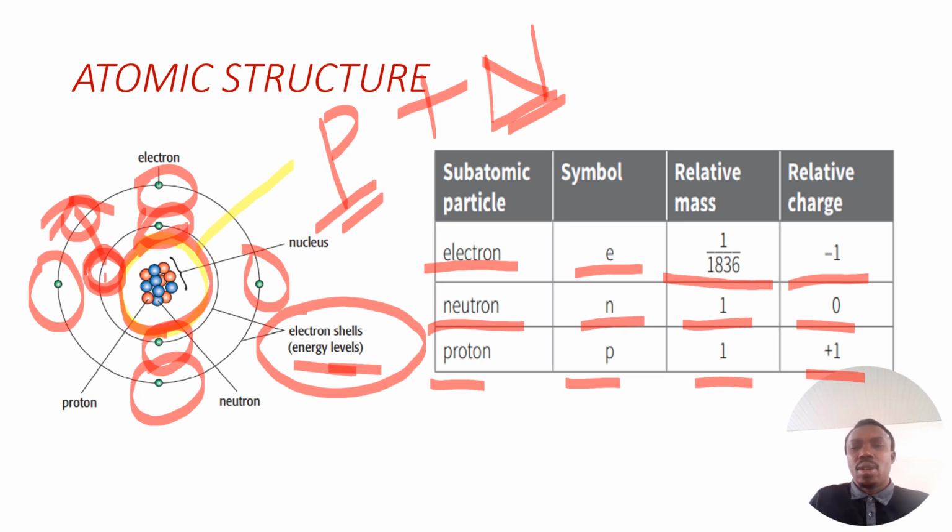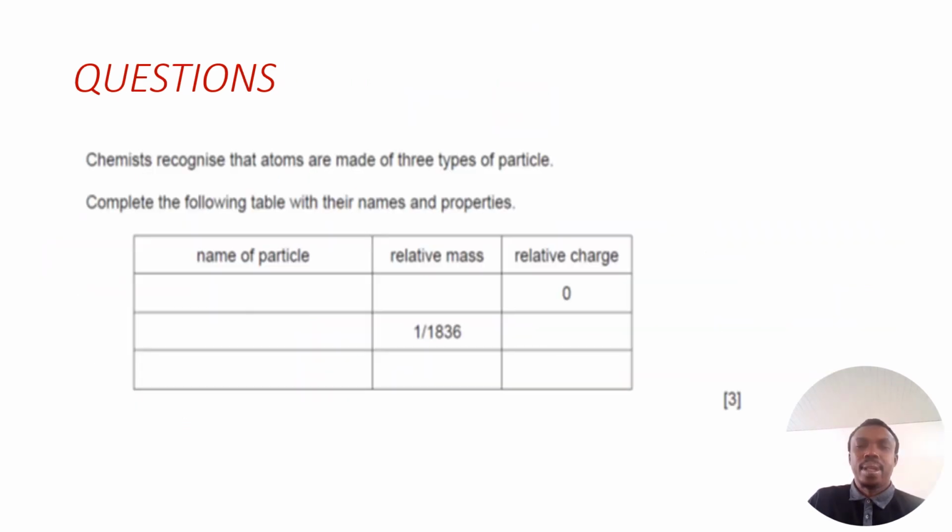So this is just a brief description of the atomic structure. This is a representation of the subatomic particles in a table. So it's as simple as A, B, C. So this is a typical examination question that they can ask you based on what you've done. Question: Chemists recognize that atoms are made up of 3 types of particles.